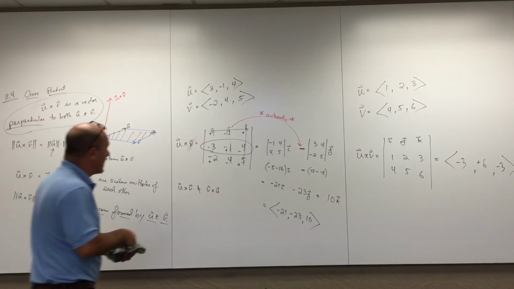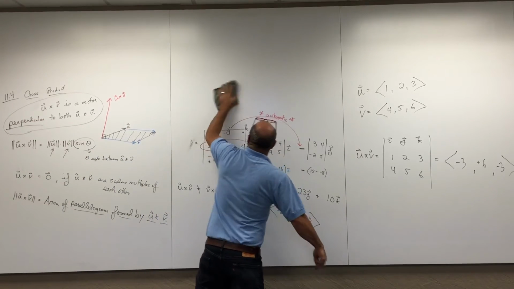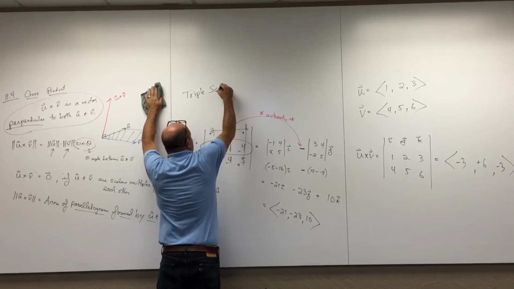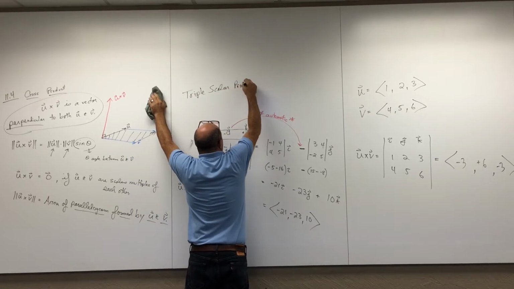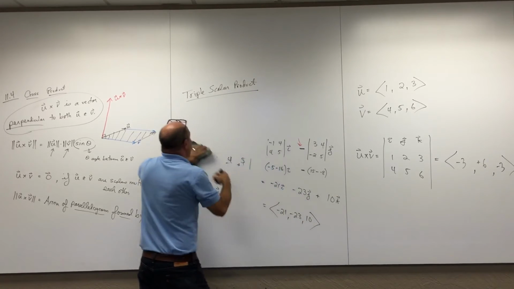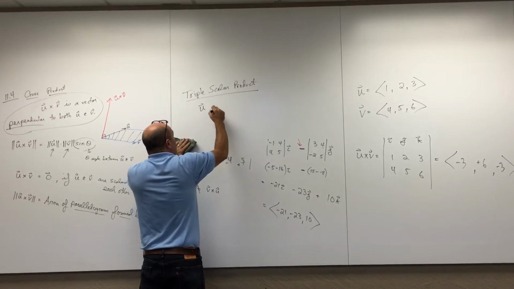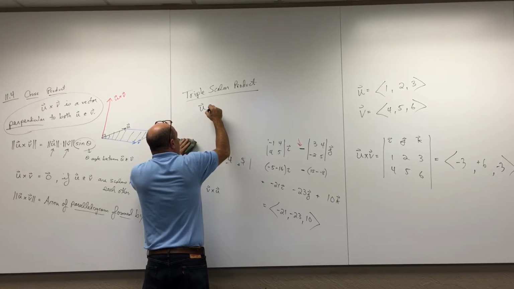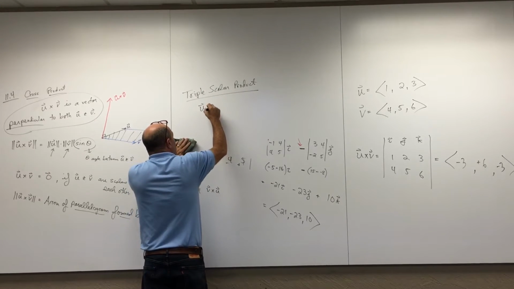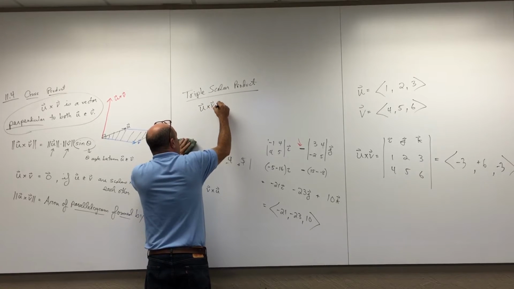Check this funny guy out here. This is called the triple scalar product. This is when you have three vectors. You have u, v, and w, and then the triple scalar product is this: u cross v dot w.